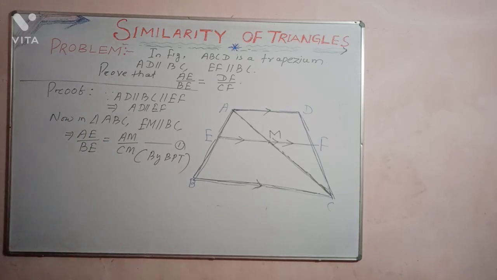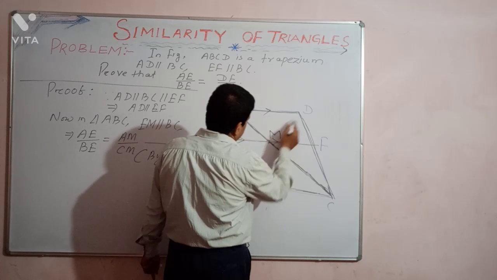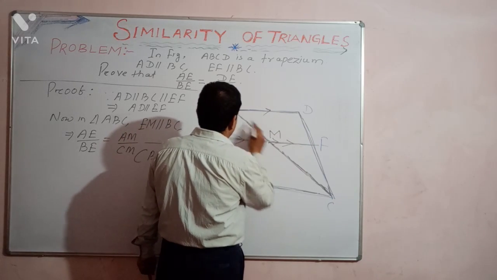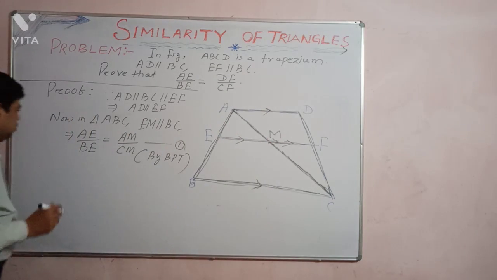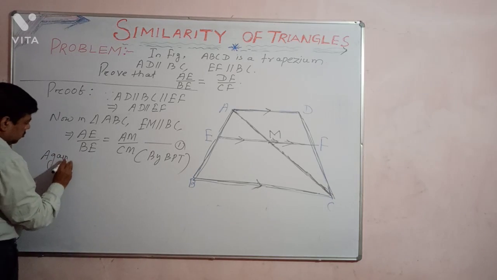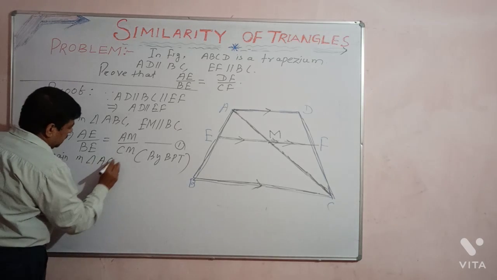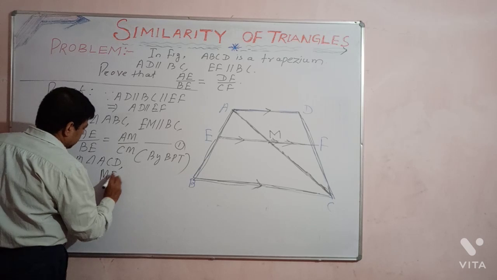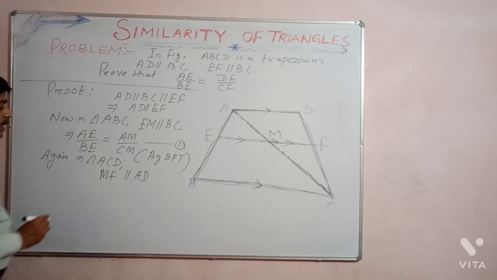Okay. And similarly by BPT, the basic proportionality theorem, again you see here in the triangle ACD, FM is also parallel to AD because EF is parallel to AD. Now see, MF is parallel to AD. Why?